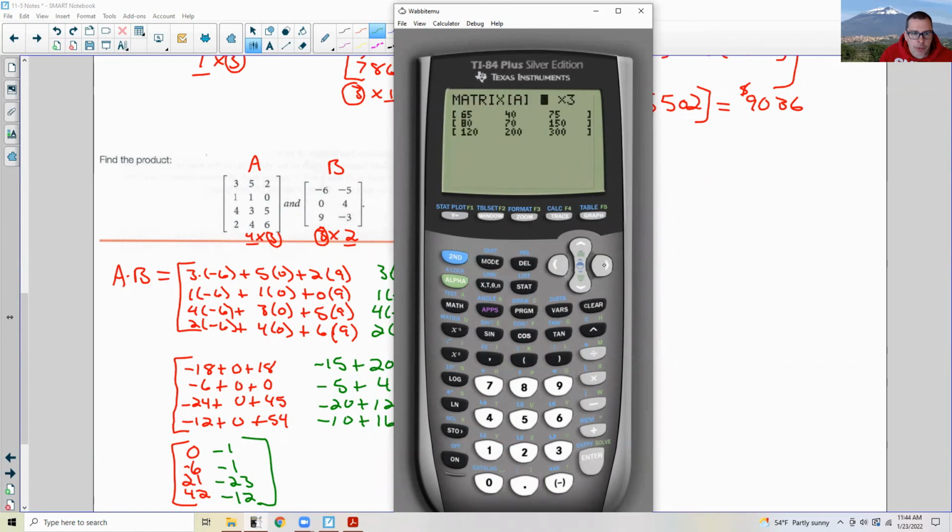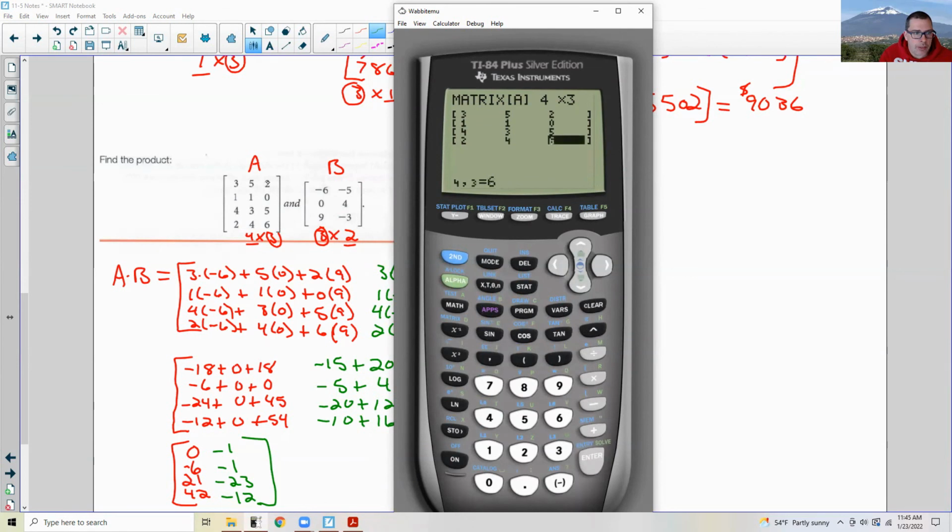enter, and it is a 4 by 3, and we're going to enter 3, enter, 5, enter, 2, enter, 1, 1, 0, 4, 3, 5, 2, 4, 6.